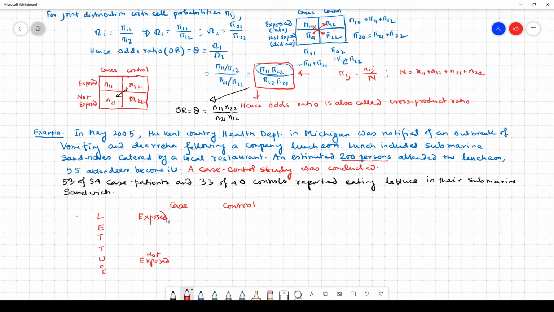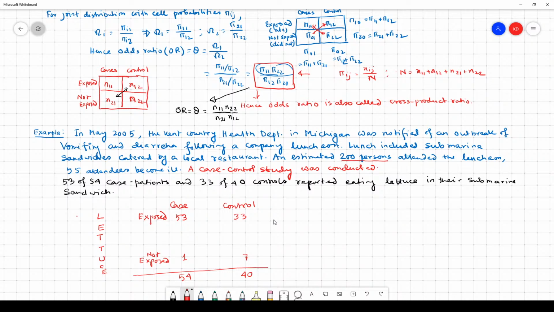Among the case patients, we see that 53 ate lettuce and one did not eat, so the total number of case patients is 54. In the control, 33 ate lettuce and 7 did not, and the total number of control patients is 40.